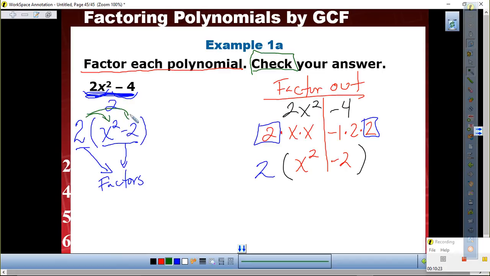Multiply. Let's see. 2 times x squared, 2x squared, 2 times negative 2, negative 4. Did I end up with what I started? Yes. And that's how you check. If you have two factors that are not right, when you multiply them, you're going to see the mistake. Does that make sense? Yes, Mr. Q, we love these. All right, good.